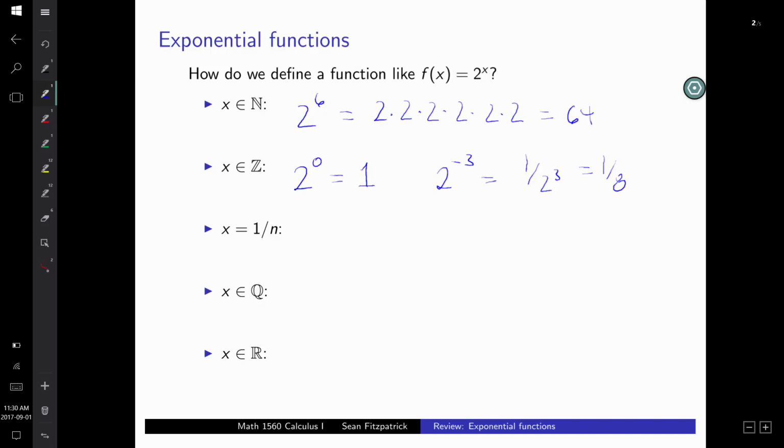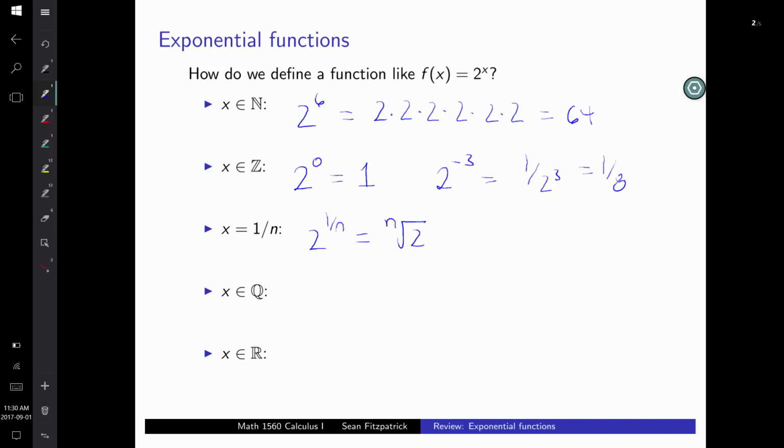Okay, fine. Now, what about if you want to move beyond integers? You want to get to fractions. Well, first of all, how do you deal with reciprocals? Reciprocals we can handle too, because by definition, reciprocals are simply roots. So 2 to the 1 over n is the nth root of 2. For example, 2 to the 1/2 is the square root of 2.